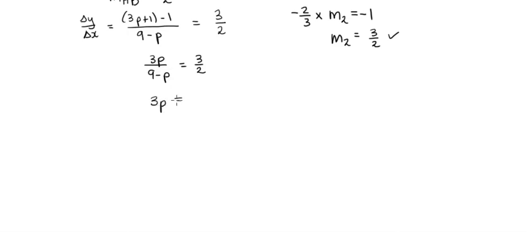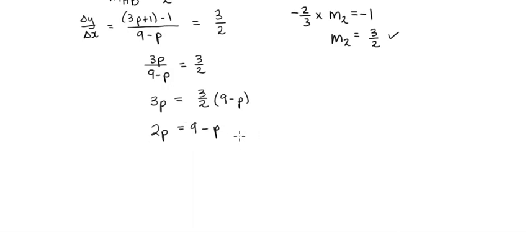So we have 3p on the left-hand side equal to 3 over 2 times 9 minus p. And then to get rid of the 3 over 2 on the right side, we divide both sides by 3 over 2. So that gives us 2p on the left-hand side equal to 9 minus p.